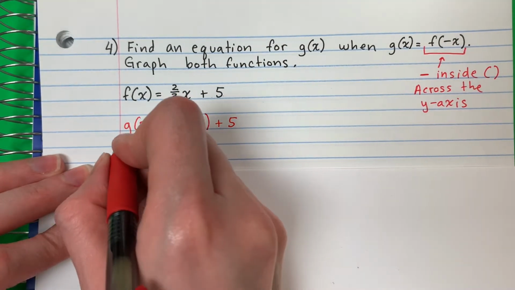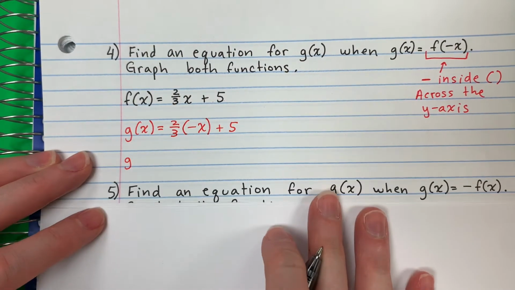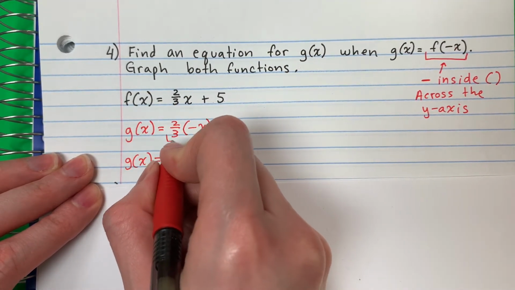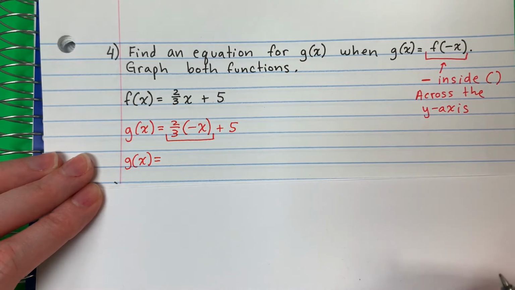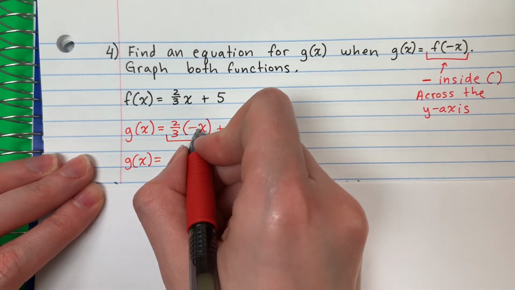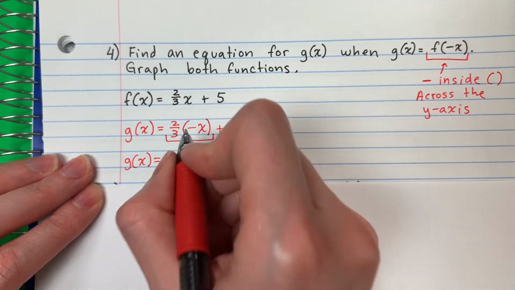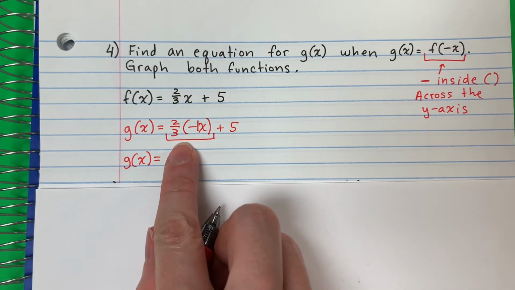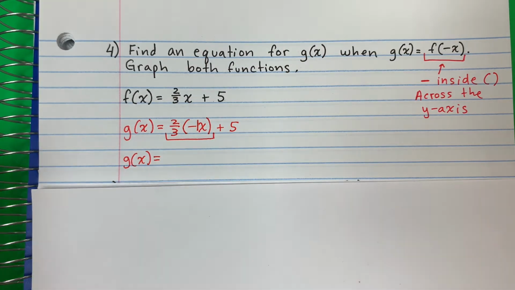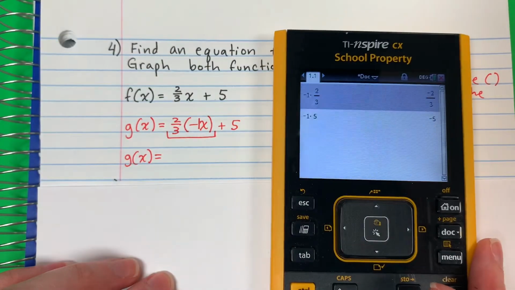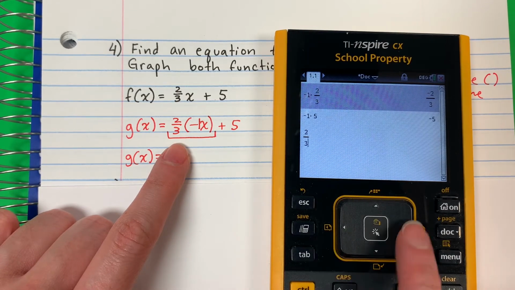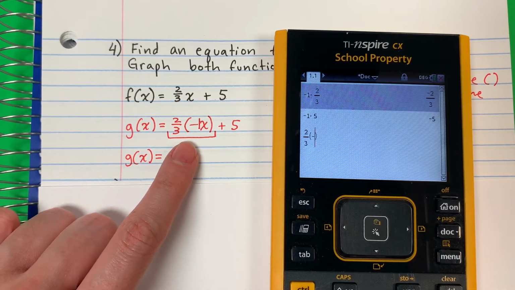So copy g of x equals, this we're going to multiply. Vamos a multiplicar. Okay, if there's no number, what number is inside? Si no hay número, ¿cuál número está adentro? 1, uno. So I'm going to put in the calculator 2/3 times negative 1. 2/3, parenthesis, negative 1, no x, close, cierra.